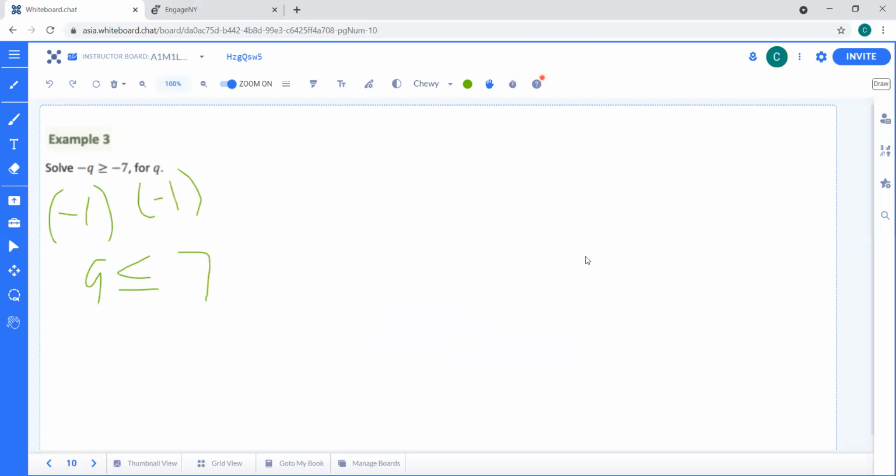Since I multiplied through by a negative 1, I've got to flip my sign, and notice I did that. So q's got to be less than or equal to negative 7. So that's what we do.